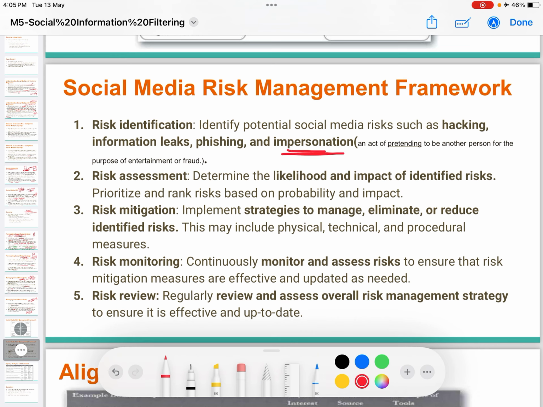For example, there is a person named Alice and a person named Bob, and there is a hacker who has impersonated Bob. Now Alice wants to send a message to Bob, but Alice is sending the message to this hacker because the hacker has taken the identity of Bob. This is called impersonation, impersonating someone else's identity.